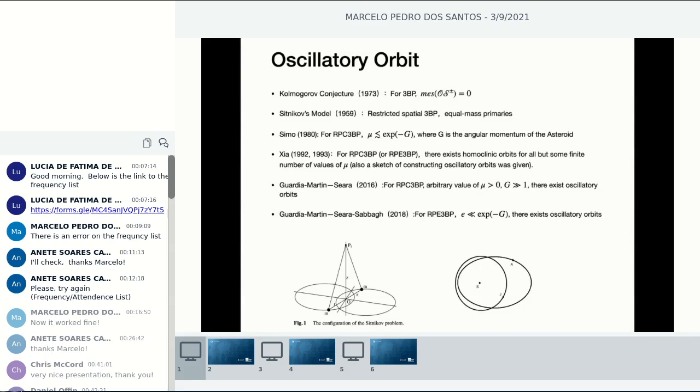They need an additional assumption that the angular momentum of the asteroid should be sufficiently large, but not exponentially large. A posteriori, given large angular momentum, there exists the oscillatory orbit.